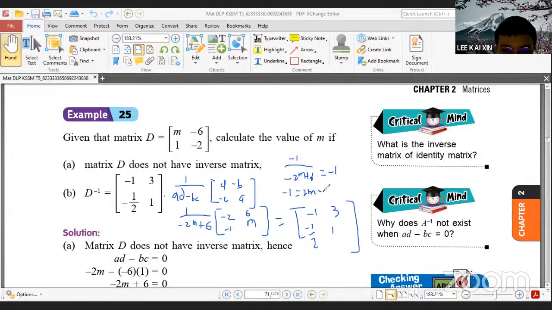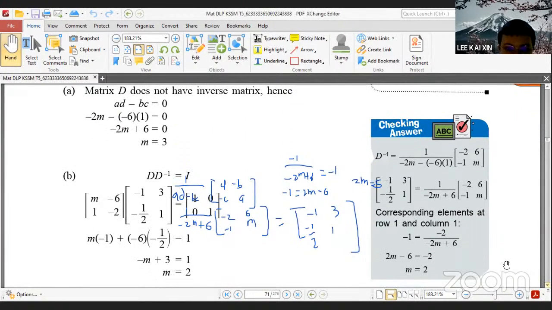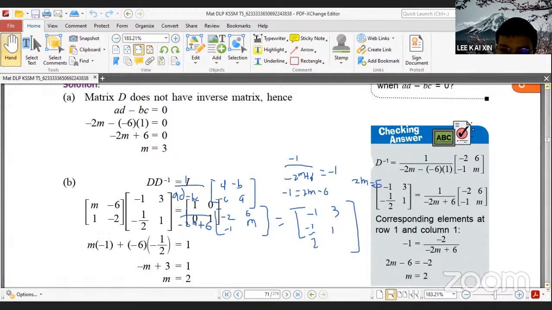So you get -1 equals to 2m minus 6. You bring the 2m plus 6 up. -1, 2m, you will get -1 plus 6, okay, you get 5, 5 over 2. Okay, m is 2. Then it's something wrong with my working.